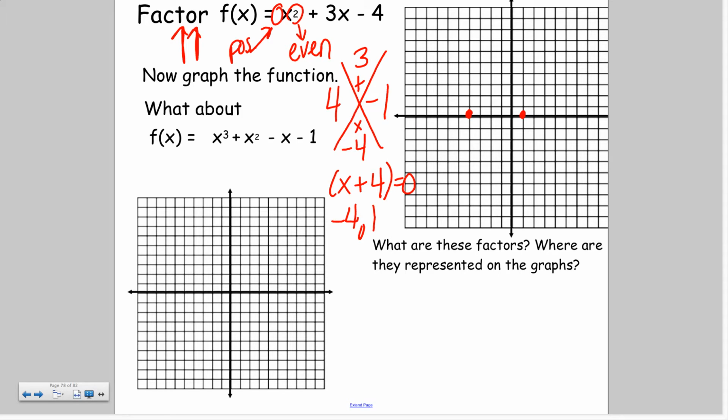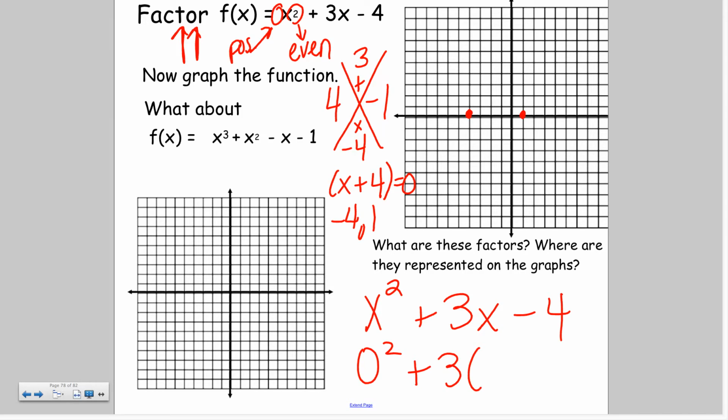So we found x-intercepts. Now we're going to find the y-intercept. When you find a y-intercept, you plug 0 in for every x value. So if I had x squared plus 3x minus 4, 0, 0.